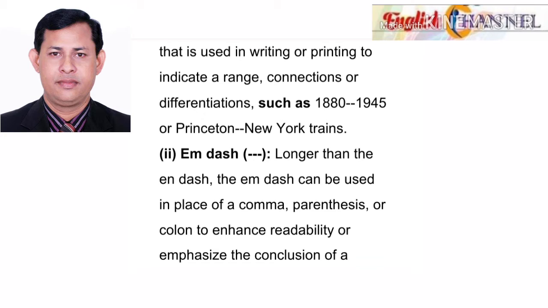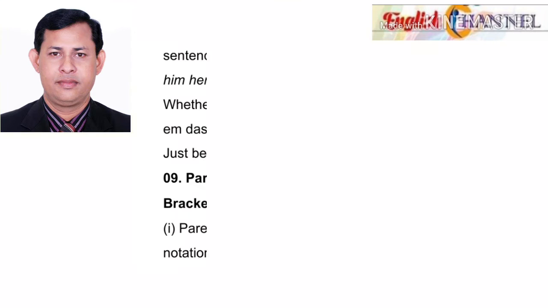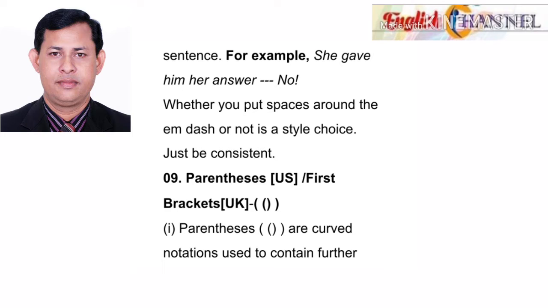Point 2. M dash. Longer than the N dash. The M dash can be used in place of a comma, parenthesis, or colon to enhance readability or emphasize the conclusion of a sentence.